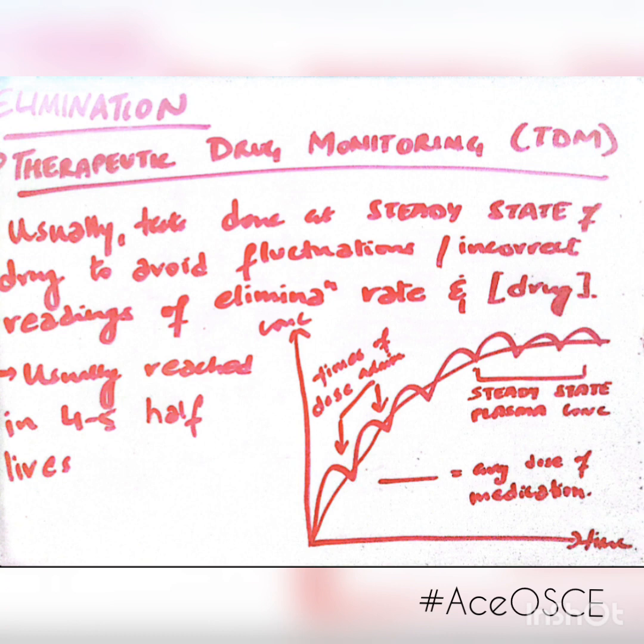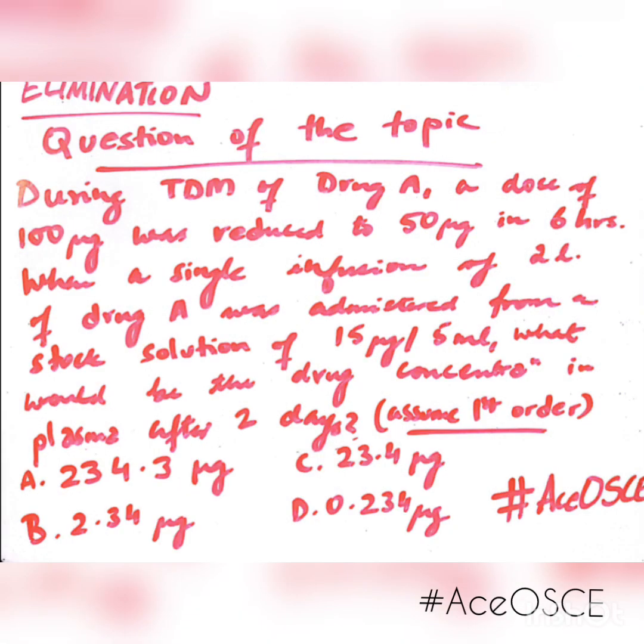So the times of dose intervals or administration are the little slopes downwards. And then the crests are up there, which help to show that the medication is going up in concentration again. However, in some time, you'll see that this crest and trough come out to be very stable after 4 or 5 half-lives, which is referred to as the steady state plasma concentration of the drug.